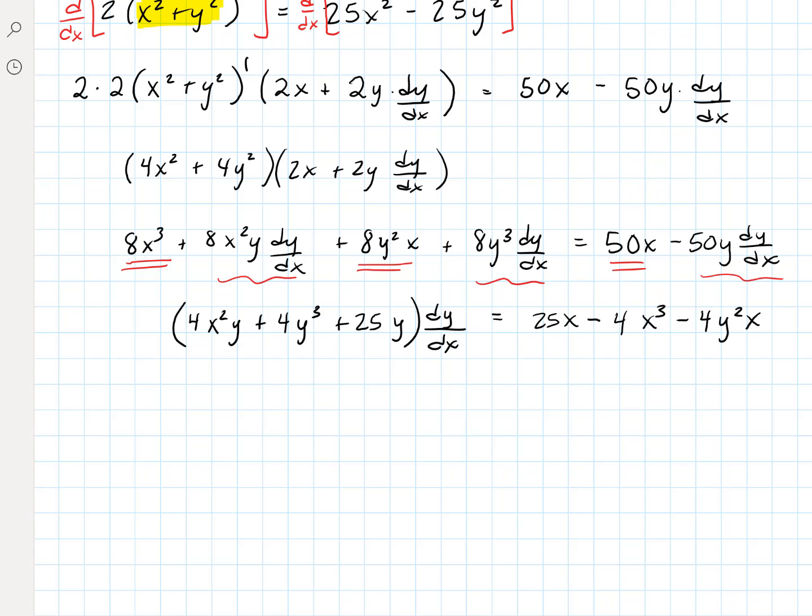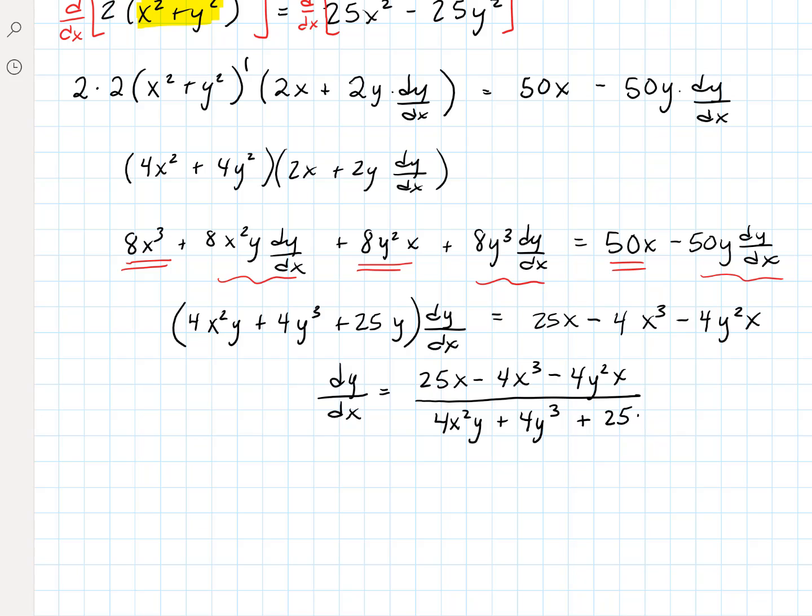Now I'm going to divide both sides, isolate my dy/dx, so that my derivative, dy/dx, is equal to 25x minus 4x cubed minus 4y squared x over 4x squared y plus 4y cubed plus 25y.